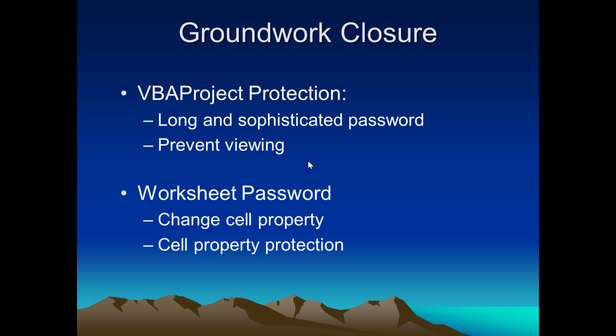So you need VBA project protection using a password. The password should be long and hard to guess. Also, you should uncheck the viewing box. So this is the way to prevent others from playing with the program.